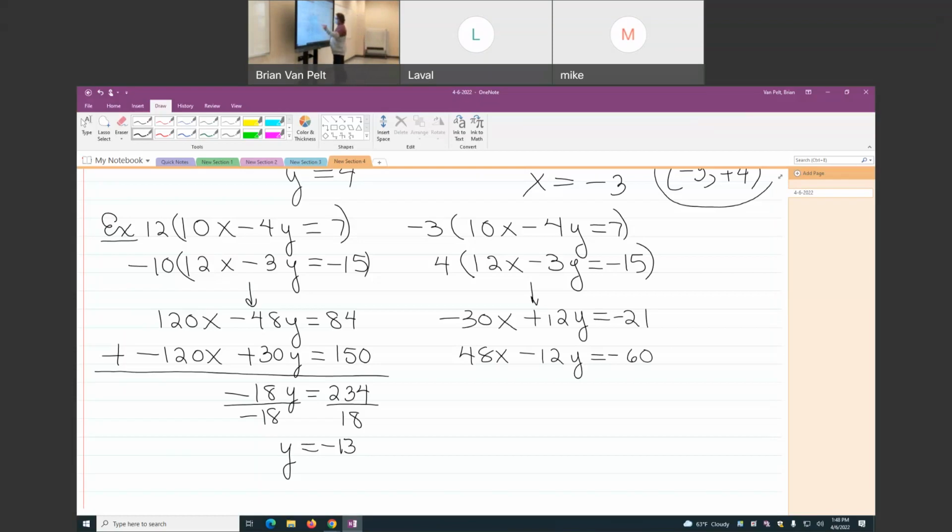Let's add them together. I get 18x equals negative 81. Now I'm going to divide by 18. The only thing that goes into this is 9, so you're left with negative 9 over 2.